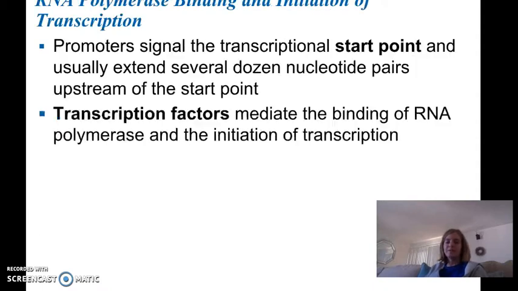Don't forget about that. So with our initiation, we have the promoter signaling the start point, and there are also things known as transcription factors which help the RNA polymerase bind to the DNA and initiate transcription.